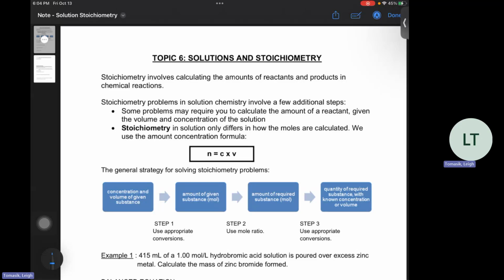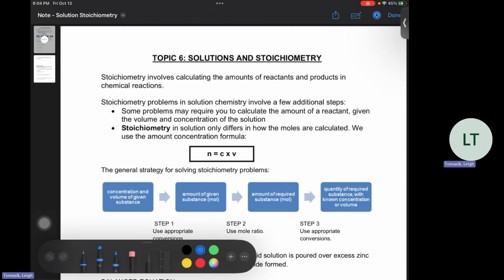In our very last lesson of this unit, we are going to talk about how we can incorporate some of this new math back into stoichiometry. So, just a reminder about stoichiometry.